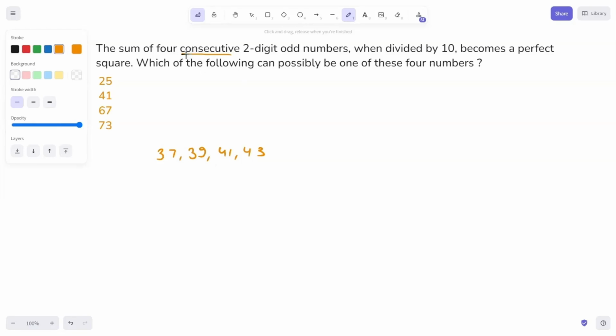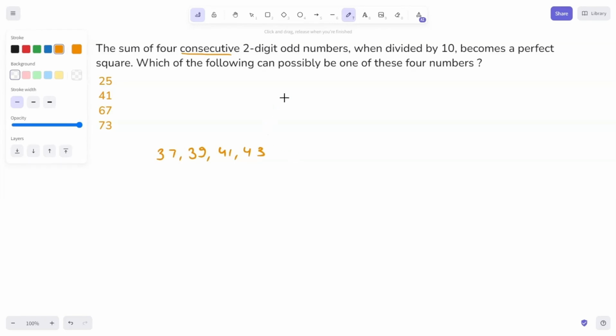So it is basically saying that these are all consecutive, these are all 2-digit, and these are all odd numbers. It is also saying that if the sum of these is divided by 10, the result will be a perfect square.